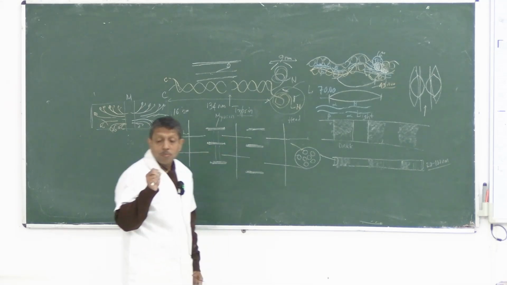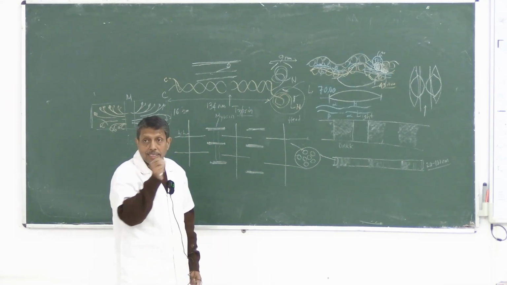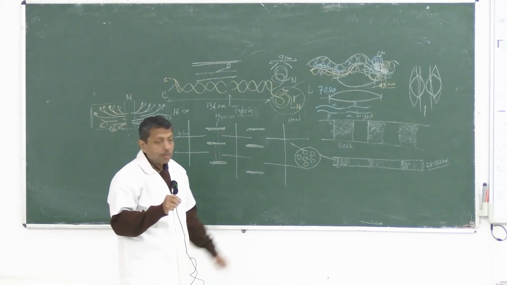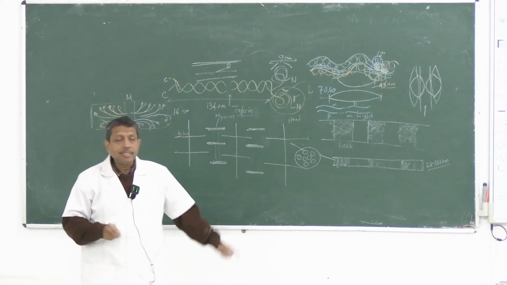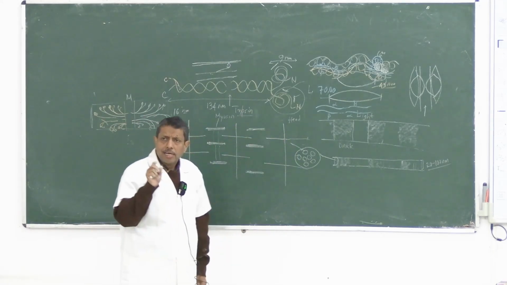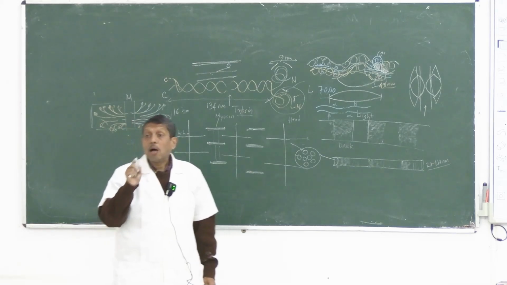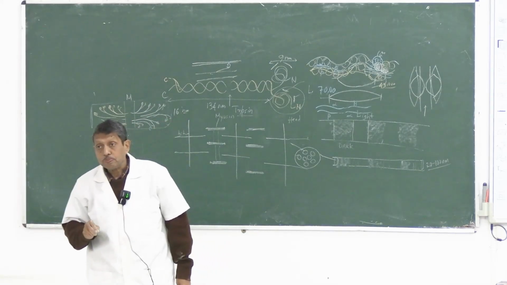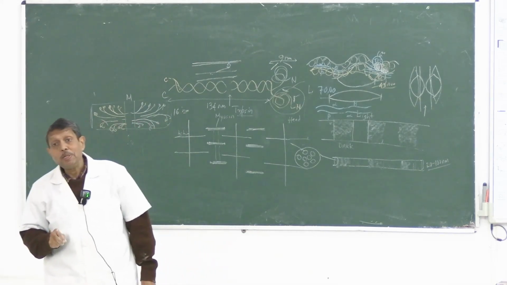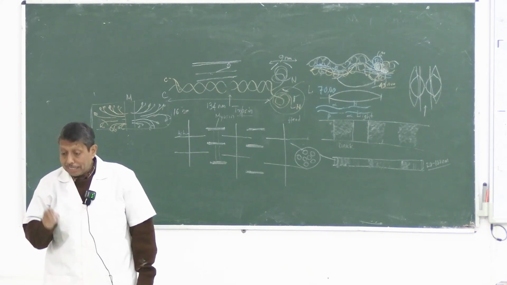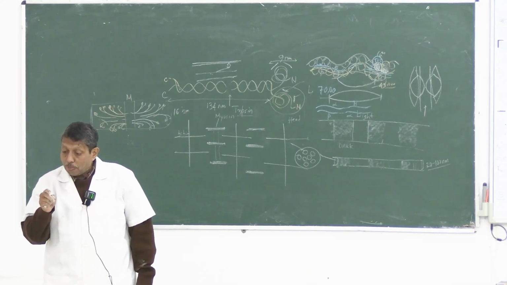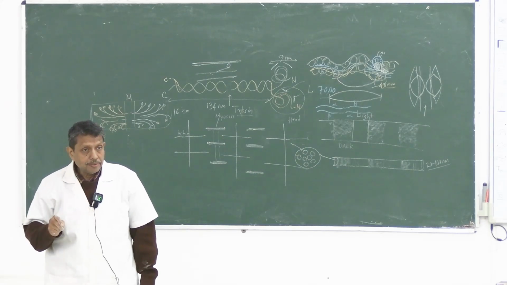The textbook does not mention whether it is the light chain or part of the heavy chain, but from the discussion it appears that part of the heavy chain has myosin ATPase activity. And this activity increases many times when actin binds with it.